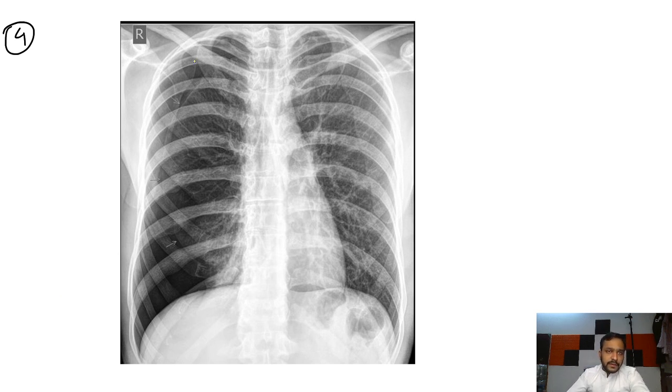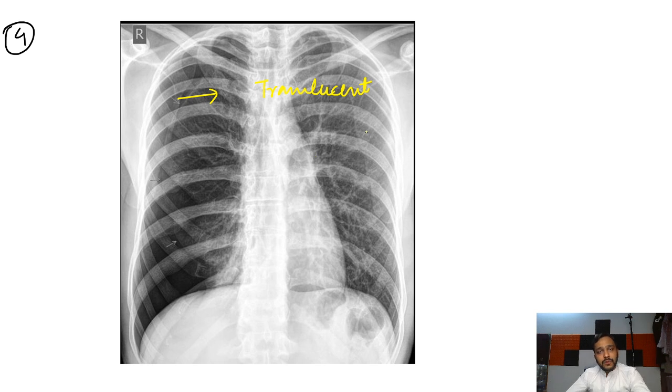So this was a case of pneumothorax. You can see this is a translucent lung field. And you can see the visceral pleura in this case. Can you identify this visceral pleura? This is the visceral pleura.